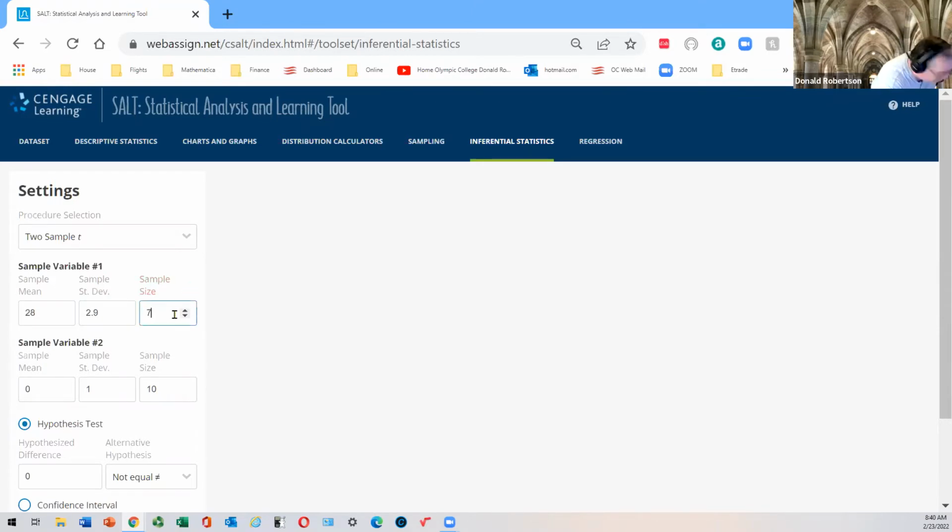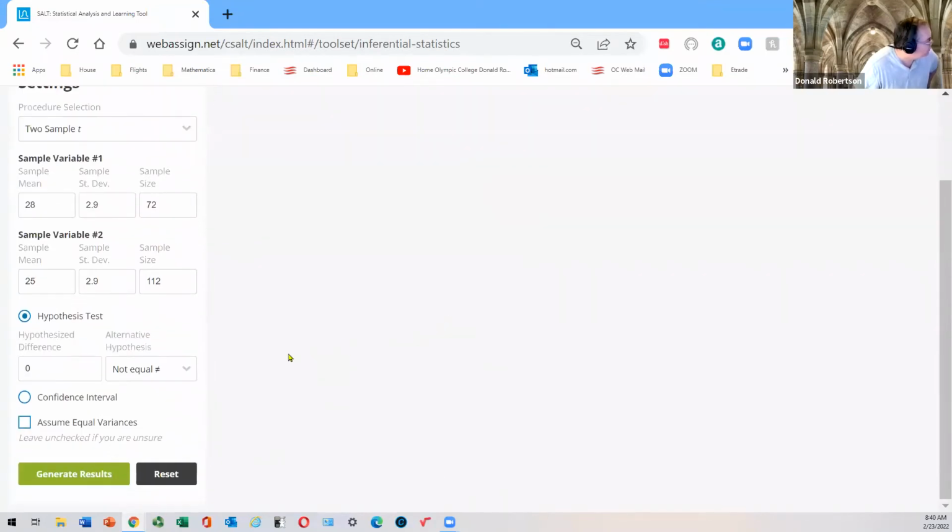And it'll figure out what the degrees of freedom are for you. And then the second one, which is women, was 25. The standard deviation for the women was also 2.9. And the sample size here was a little bit larger, 112.